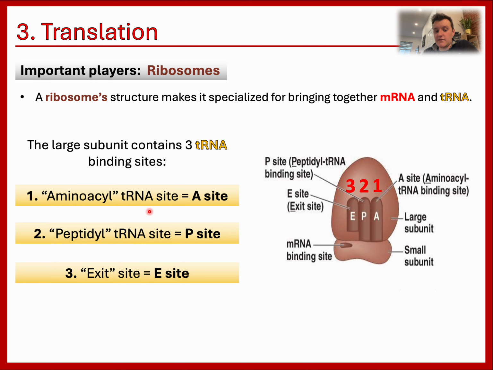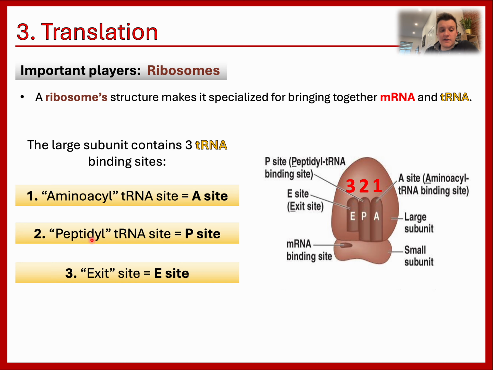Amino is the amino acid on the tRNA. So amino acyl tRNA, that's the site where the tRNA will go and bind. Acyl is like a type of bond between the amino group and the tRNA. Okay, so that tRNA will go and bind in the A site.